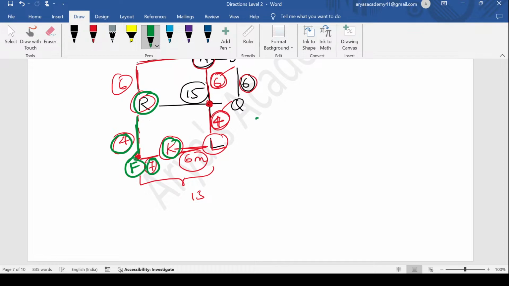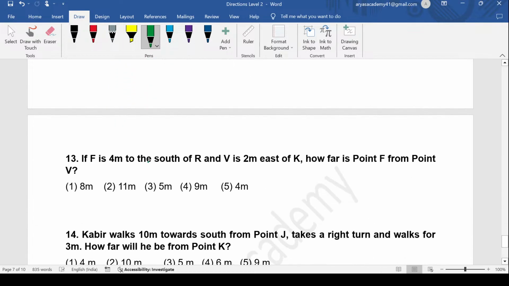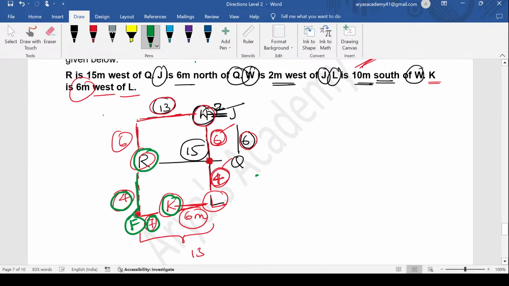I have already written it. 7. Okay. Then point B is here. Point B is 2 meters east of point K. Where is K? K is here. If you move towards east, and that too for just 2 meters, you will get another point B. So here somewhere in the middle, there is another point. I am just writing it over here to make it clear. Here there is a point B. This total distance is how much? 6.